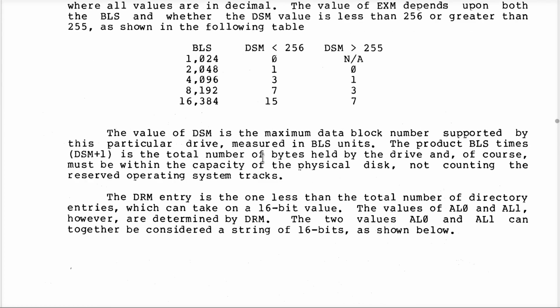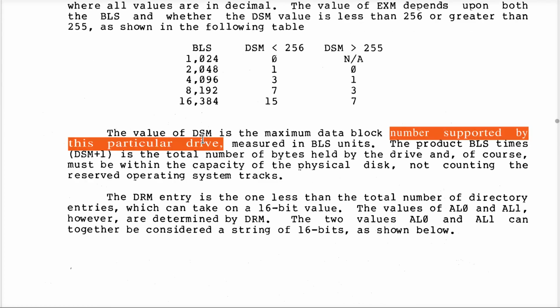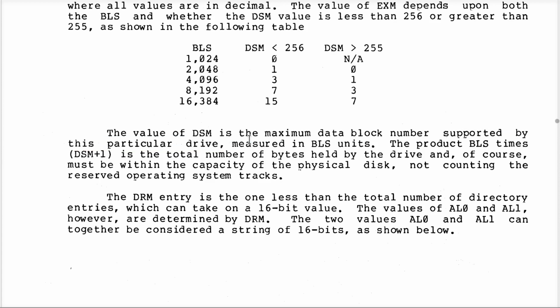It's described down here. It's the maximum data block number supported by the drive, which is measured in BLS units. So, if we have an 8 megabyte drive, and the BLS units, which, bear with me, is still arbitrarily chosen to be that number right there, is going to be 4095, right?